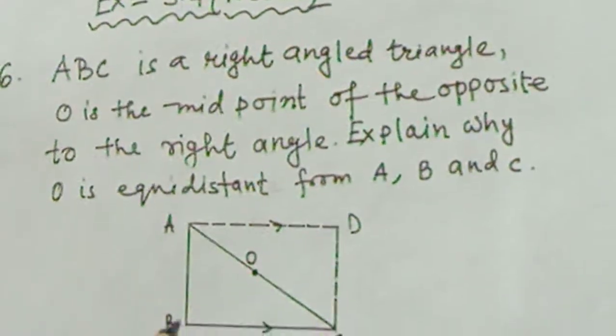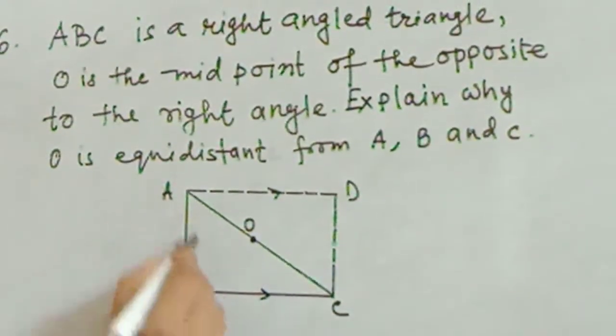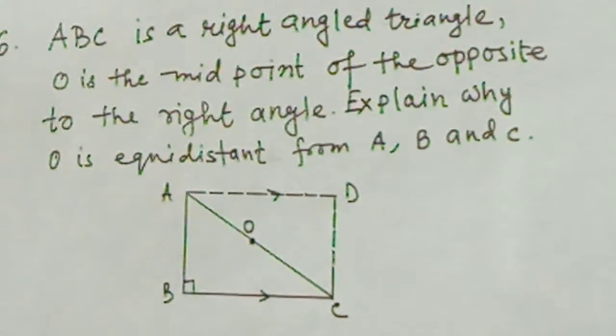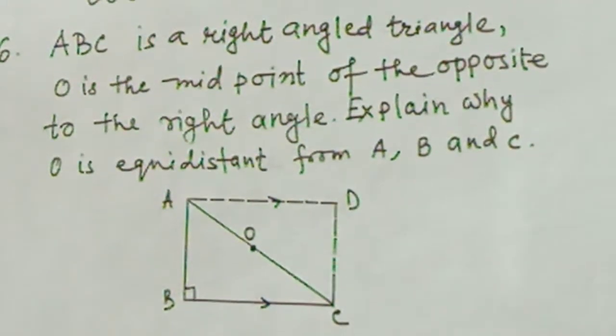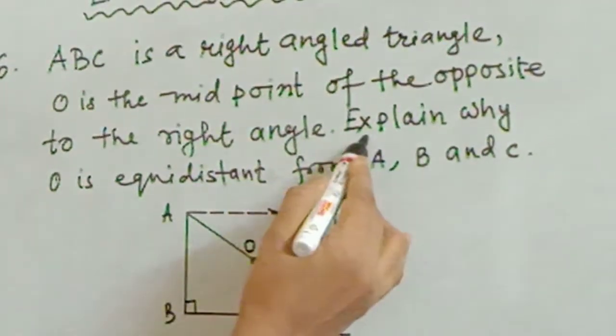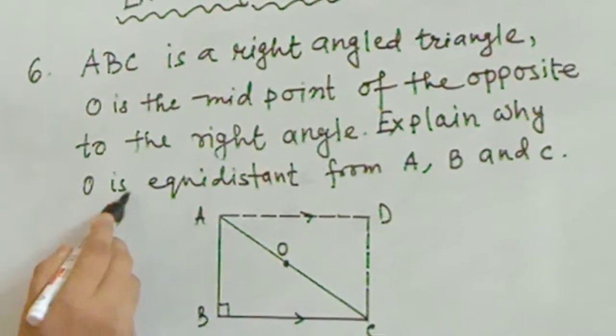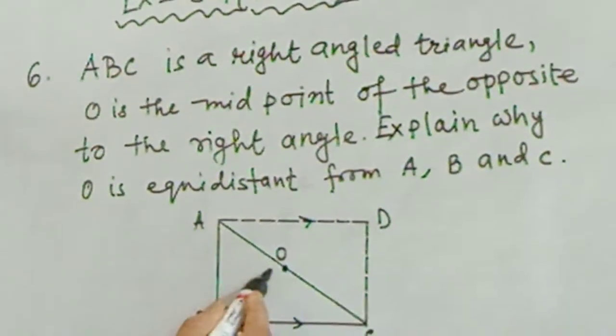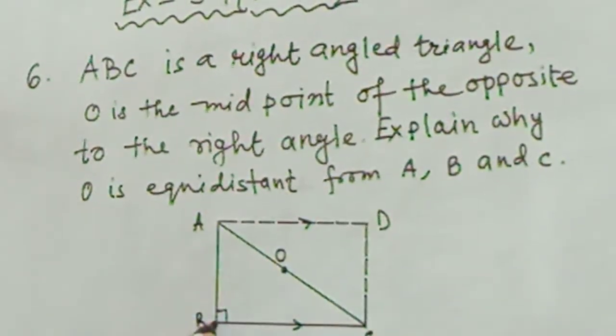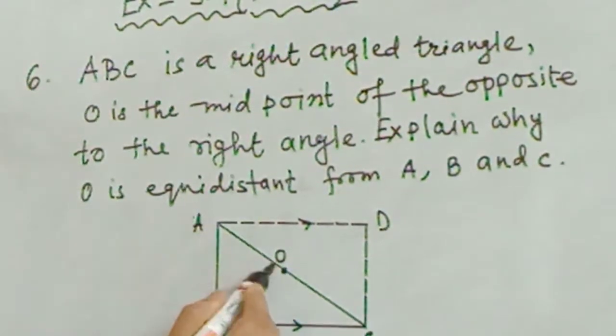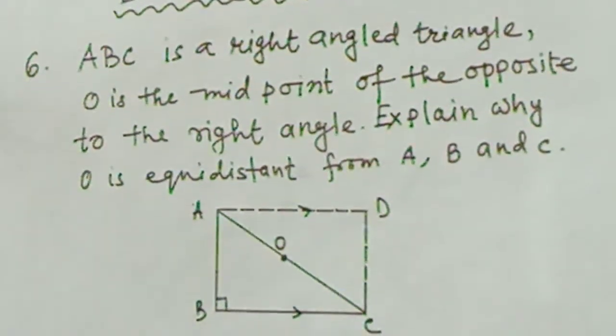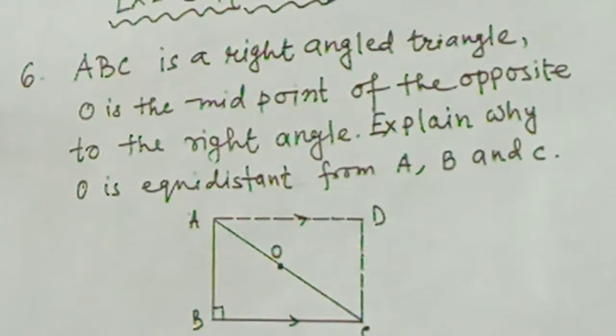You have to prove that. Explain why O is equidistant from A, B and C. OB, OC and OA are equal. You have to find why they are equal.